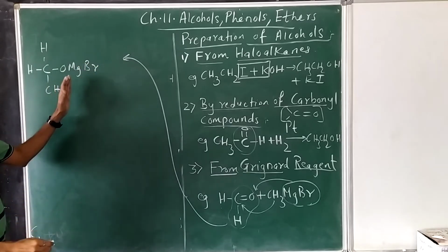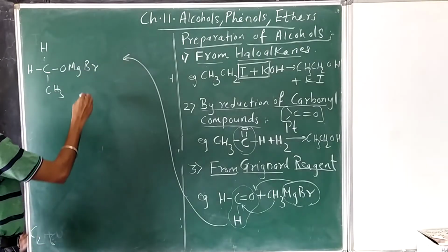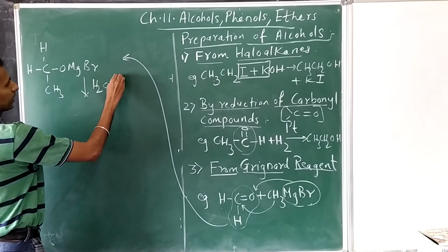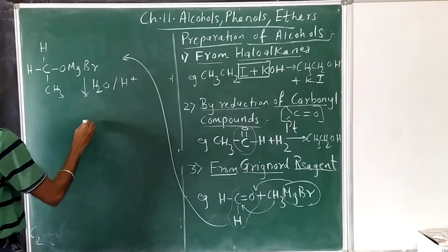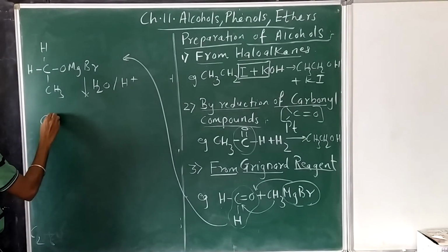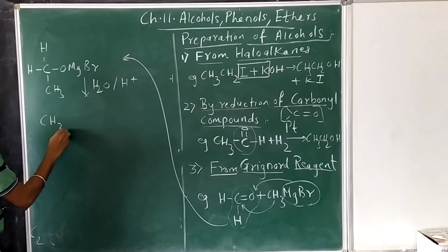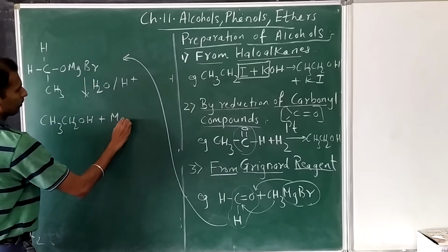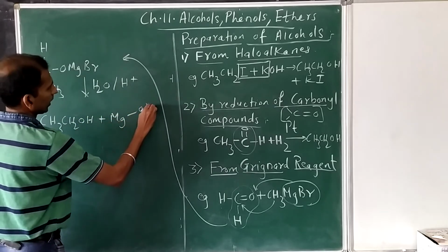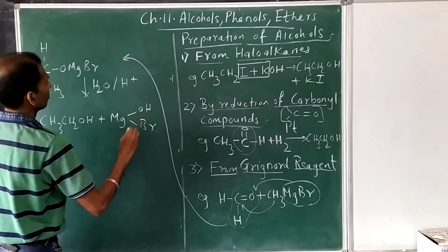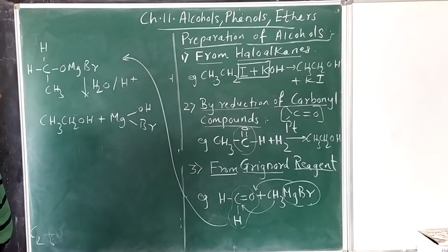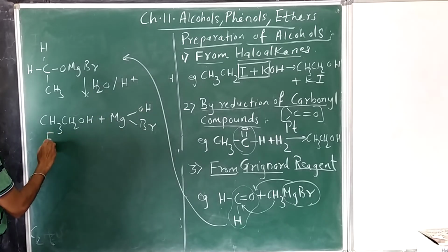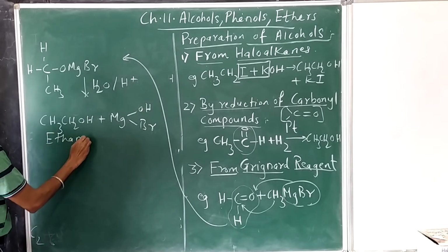Now this intermediate will immediately undergo hydrolysis in acidic medium, and we will get CH3CH2OH plus Mg(OH)Br. So we get an alcohol, which is nothing but ethanol.